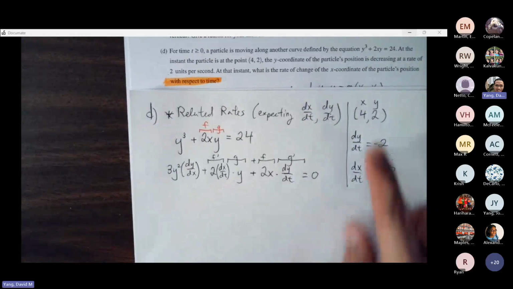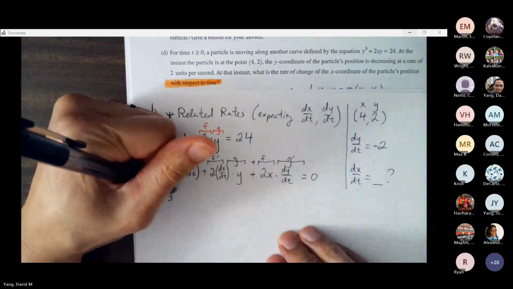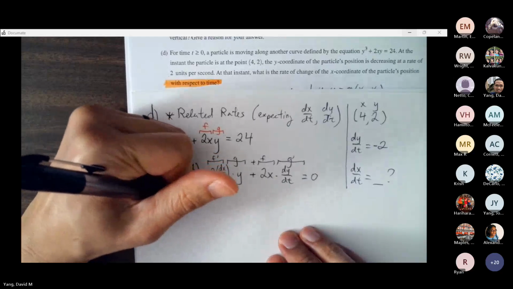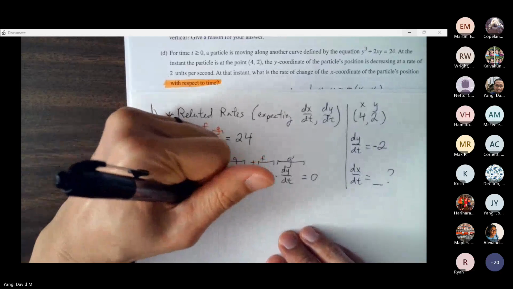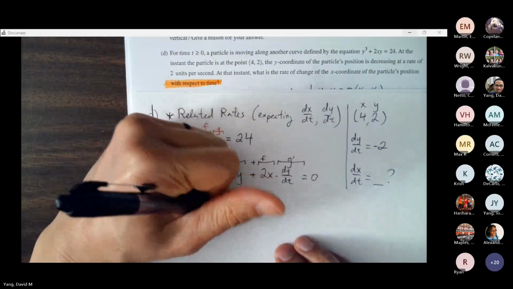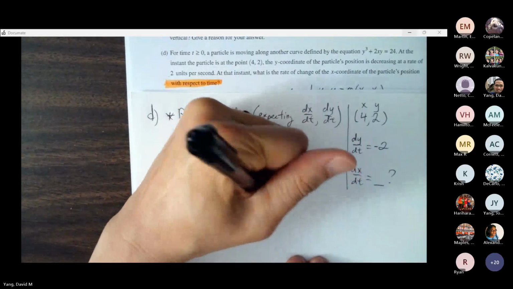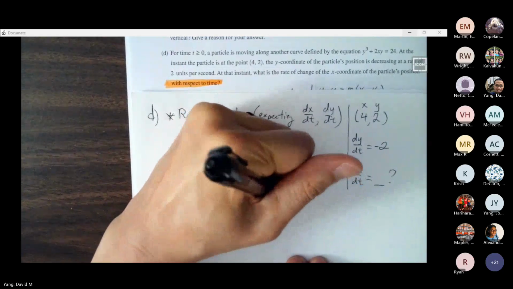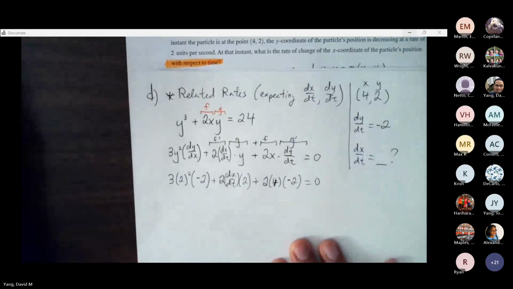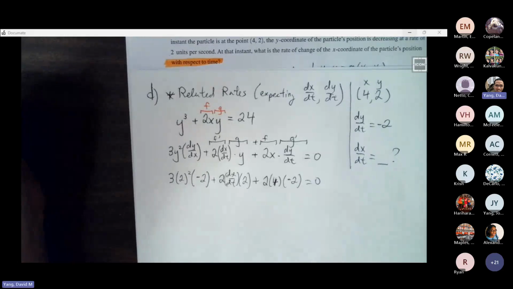So take all that and plug it in and solve for dx/dt. Okay, 3 times 4 times negative 2, negative 24.